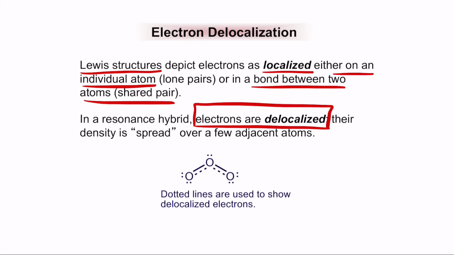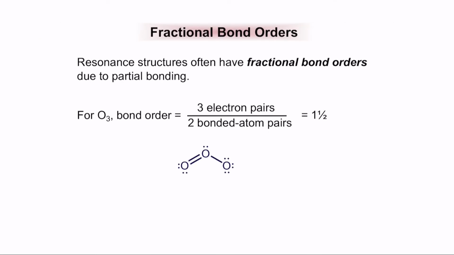So remember, this is the important point, that electrons are delocalized, which means that they do not stick to a certain atom or between a bond, but rather their density is spread over a few adjacent atoms. So here that bond is spread over the 3 oxygens. So this here is a representation of delocalized electrons. So we use dotted lines to represent the delocalized electrons.